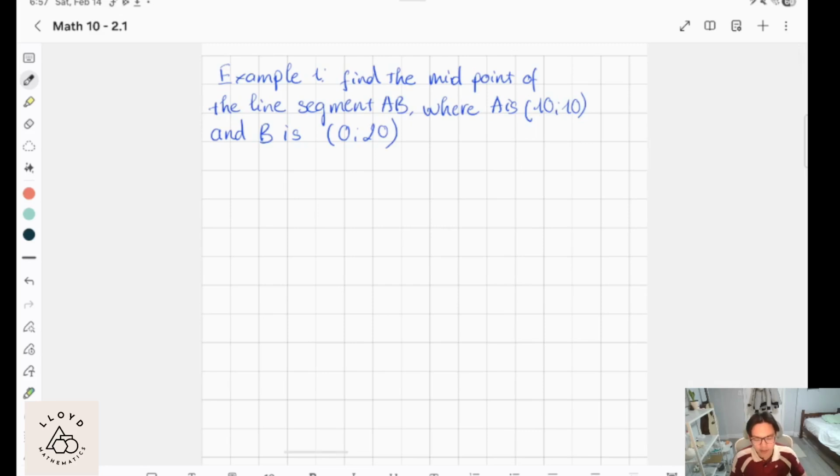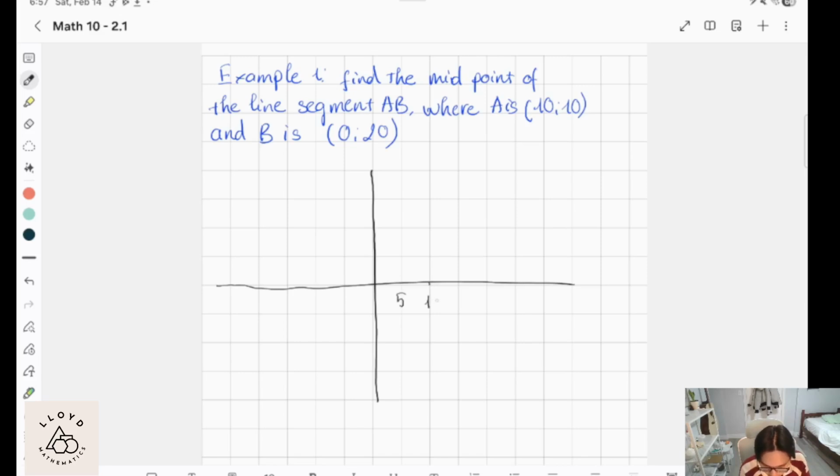Find the midpoint of the line segment AB, where A is 10 and B is 0, 20. I can draw the coordinate plane here. This is 5, and this is 10, and this is also 15, and this 20, right?